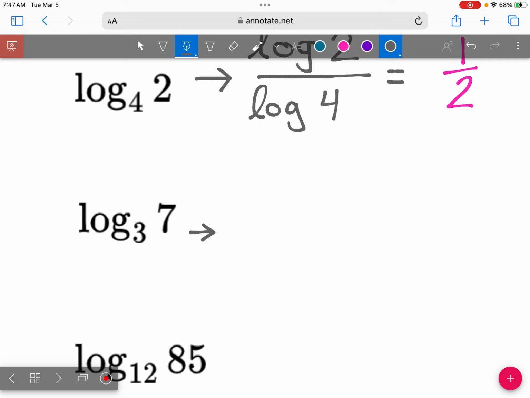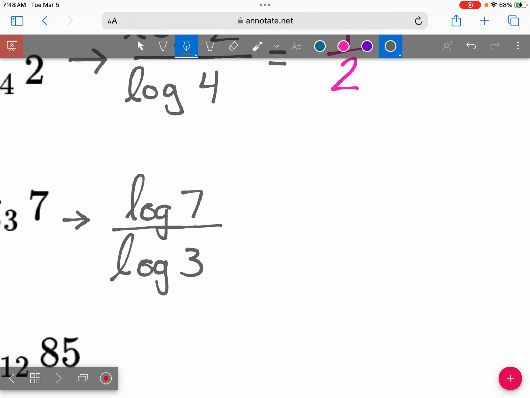Let's take this second one and switch it around with our change of base formula. What's going to go on the top? We have log base 3 of 7. How do we switch it around? Log of 7 over log of 3.